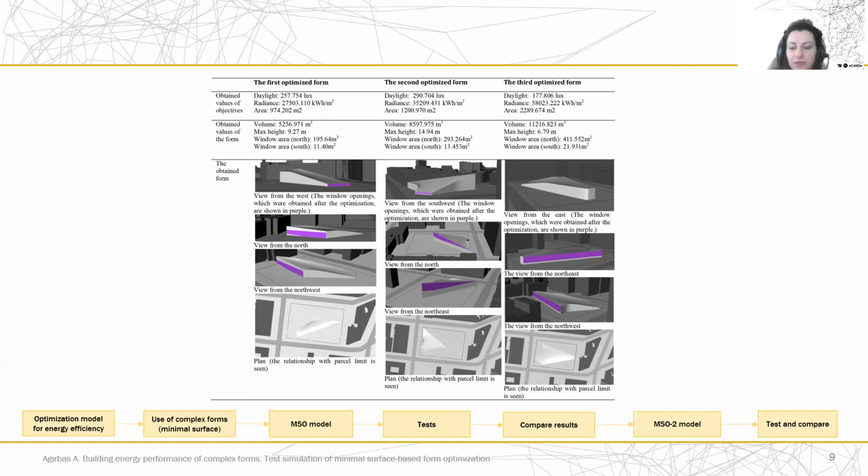Of course, the objectives depend on the selected site. Also, I can say that optimization with complex forms is a good subject to study, because I think complex forms are capable of creating more energy efficient buildings.